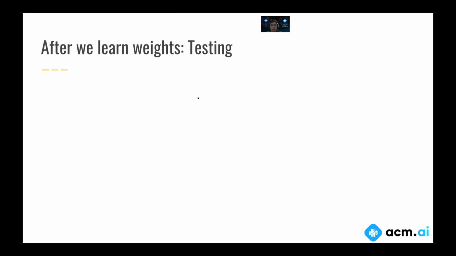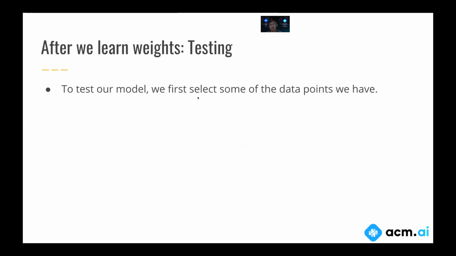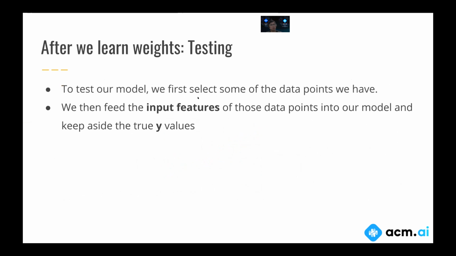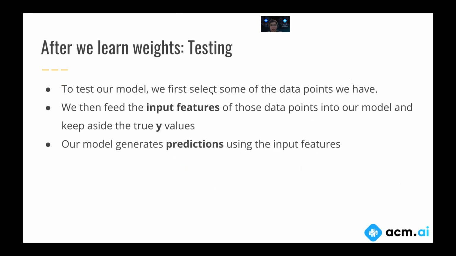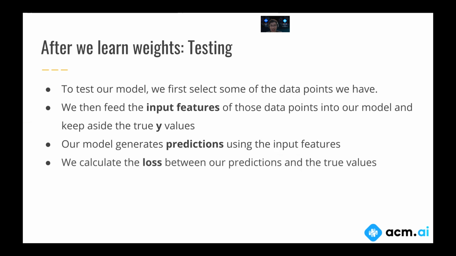All right, so after we learn our weights, the training part of our machine learning model is done. So we have to test our model. We'll first select some of the data points we have, and just to specify, that is completely different from our training data set, because if it's not different, then it will be counterproductive.